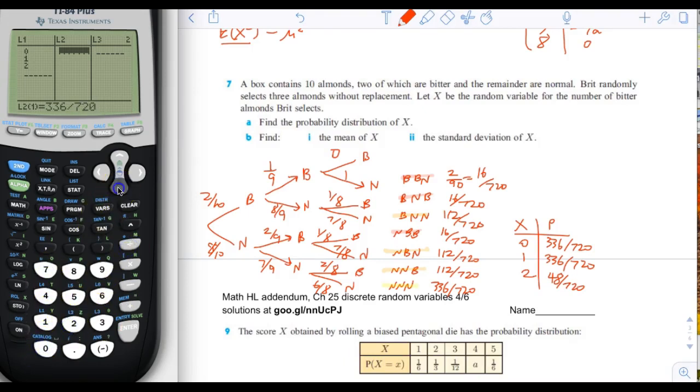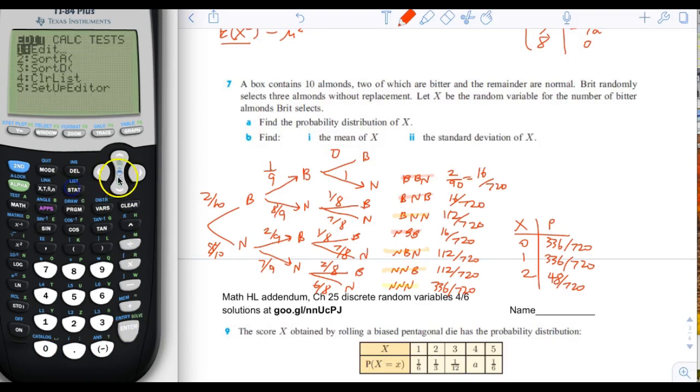I'm sure that can be reduced, but I'm going to put the same thing here, 336 divided by 720. And then the last one's going to be 48 divided by 720.